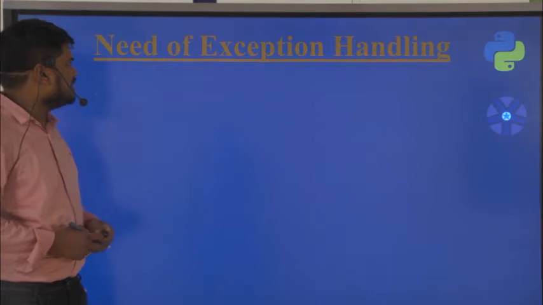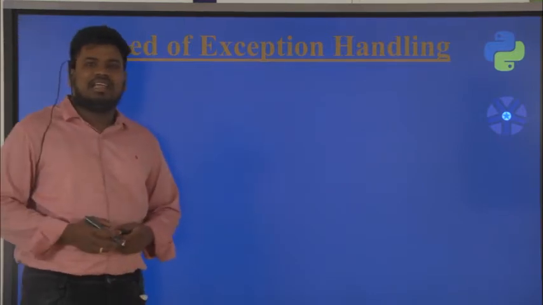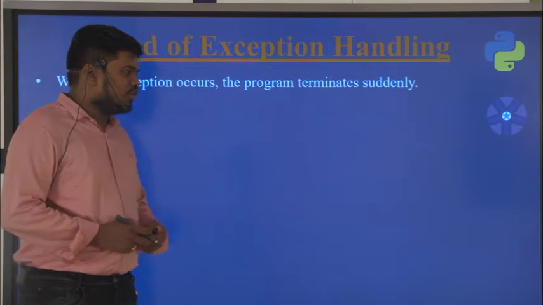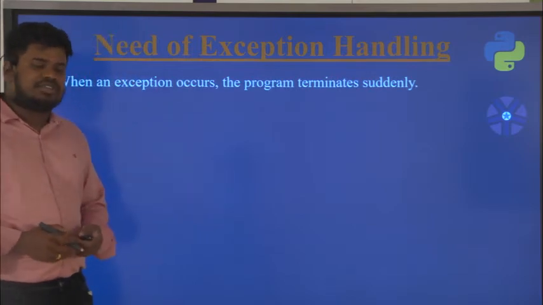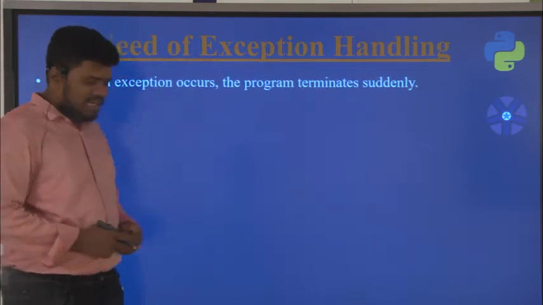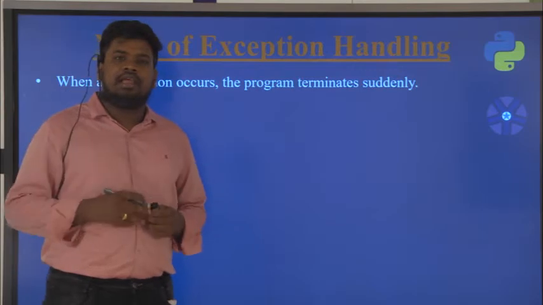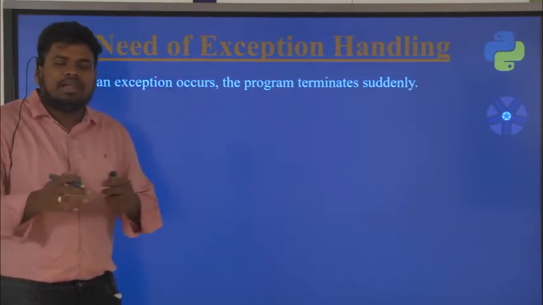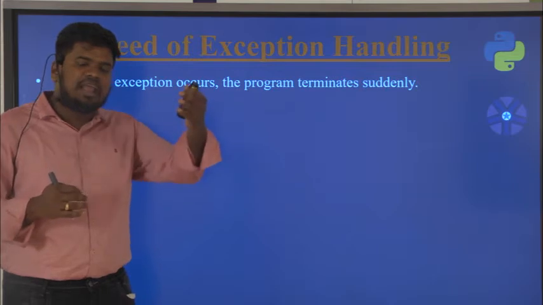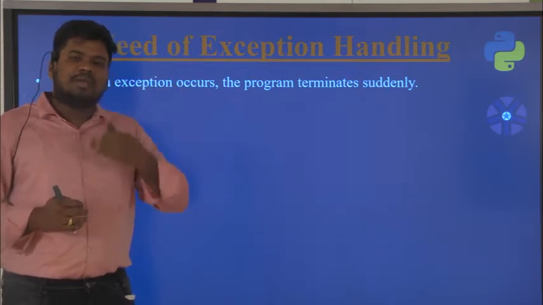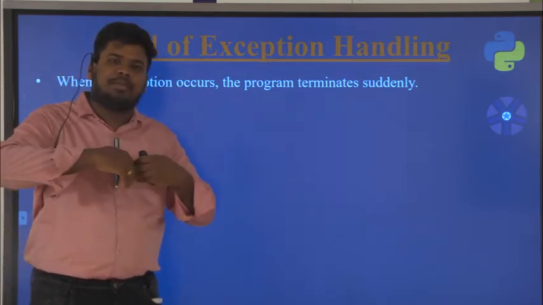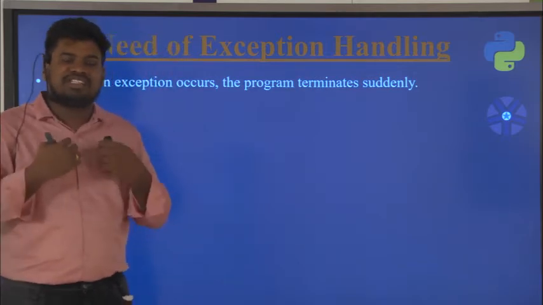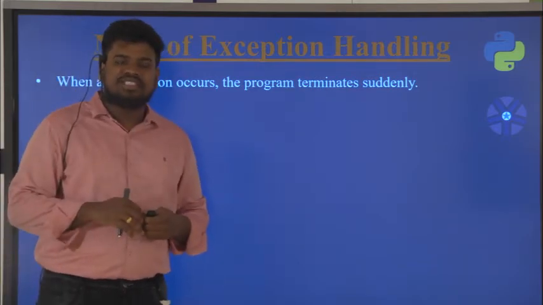So the next one is, what is the need of exception handling in Python? What is the main purpose of exception handling in Python? When an exception occurs, the program terminates suddenly. For example, if I go to an ATM to withdraw cash and, abruptly, without displaying any error on my screen, my transaction is completely abandoned, the user won't understand what is happening to the system.